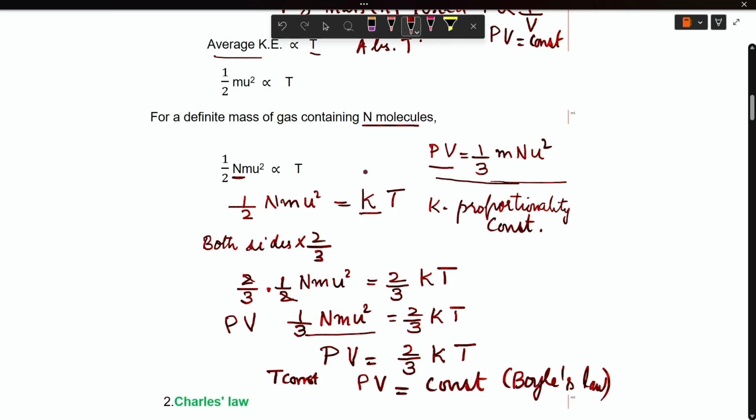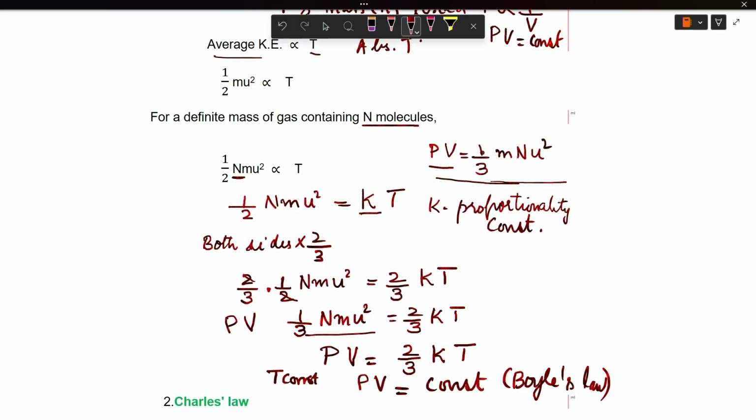Now, what we have to do is we want one of the sides to be 1 by 3 m n u square, which comes from the kinetic energy. If you get that, I can substitute it with PV, so that we have the terms involved in Boyle's law.